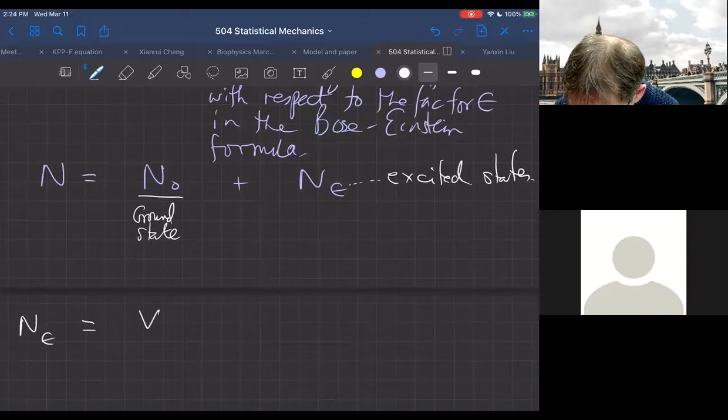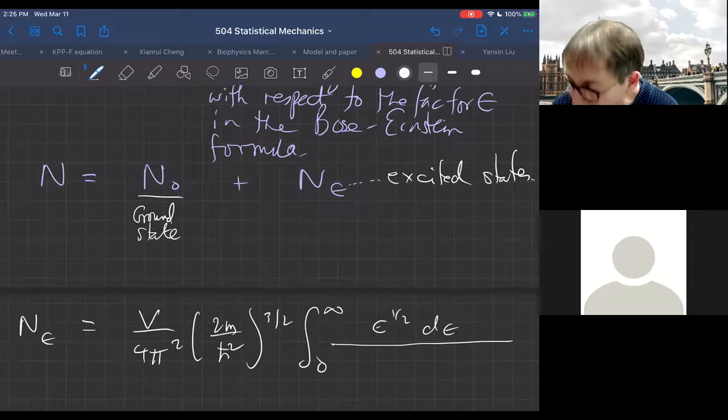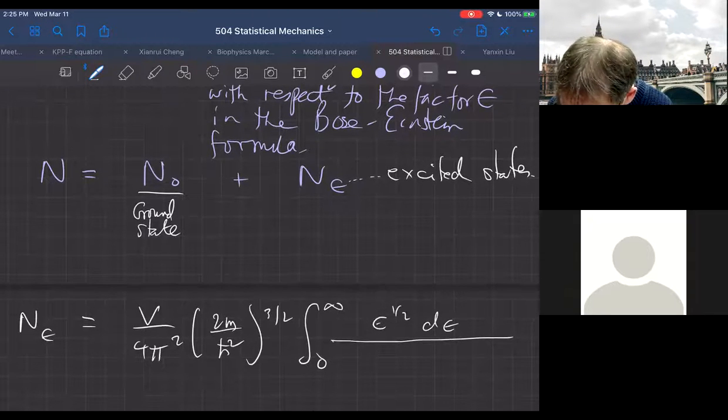It's our usual formula that we wrote down a couple of screens ago: 4 pi squared over 2m over h bar squared to the 3/2, the integral from 0 to infinity, epsilon to the 1/2 d epsilon, and then our Bose-Einstein factor, which is 1 over e to the beta epsilon minus mu, minus 1.